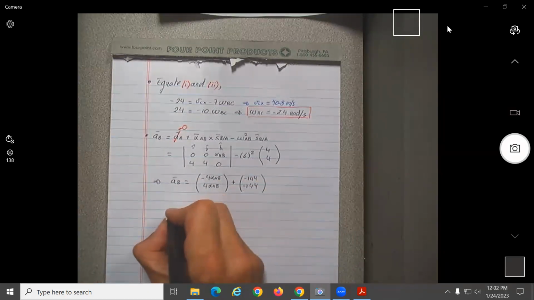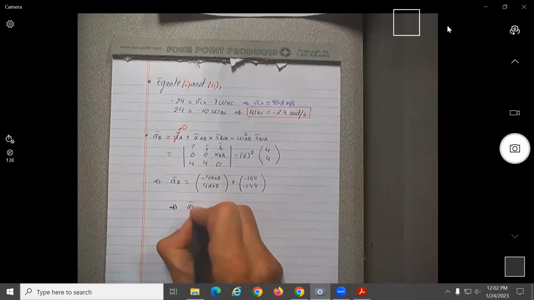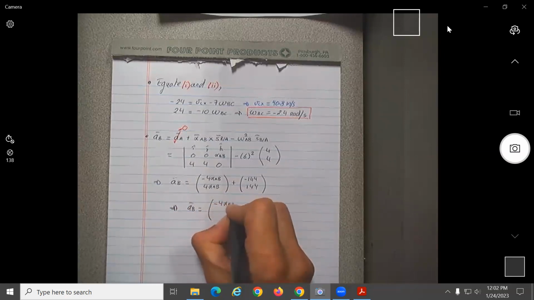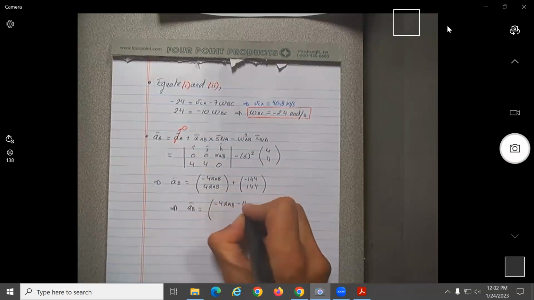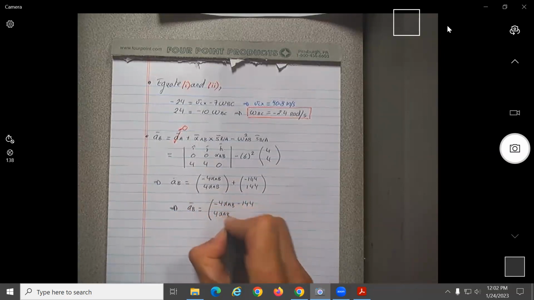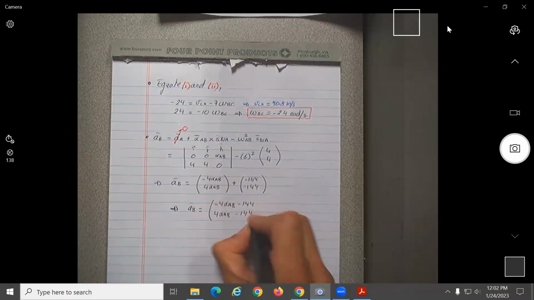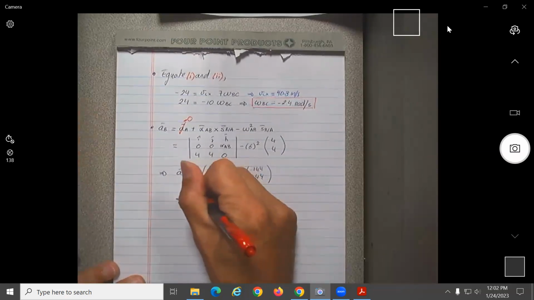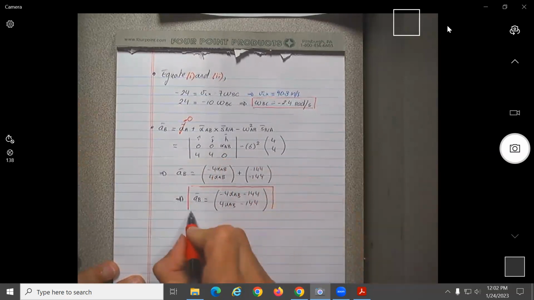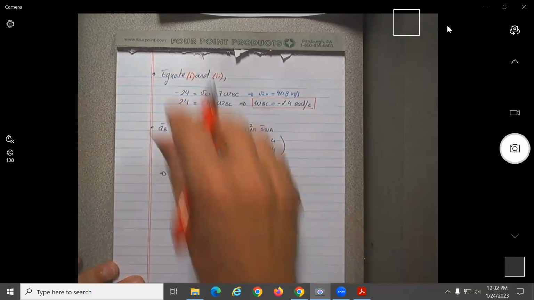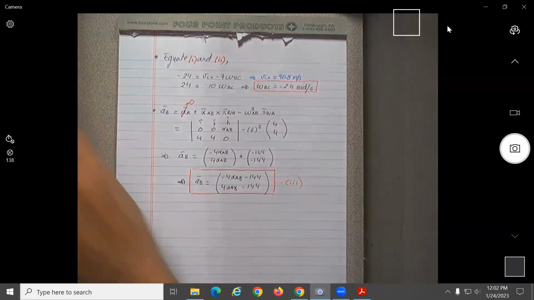So this will give us acceleration of B equal to minus 4 alpha AB minus 144. And let's say this will be expression 3.